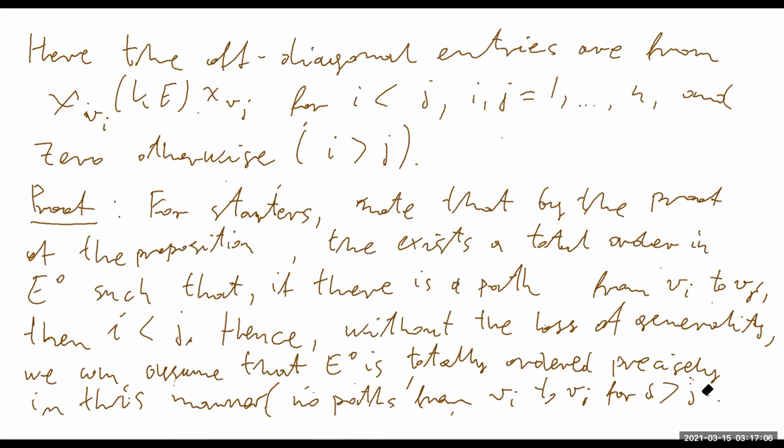Actually, I'll just put a comma here, and we go to the next page. So chi vi sandwiching ke chi vj is equal to 0.